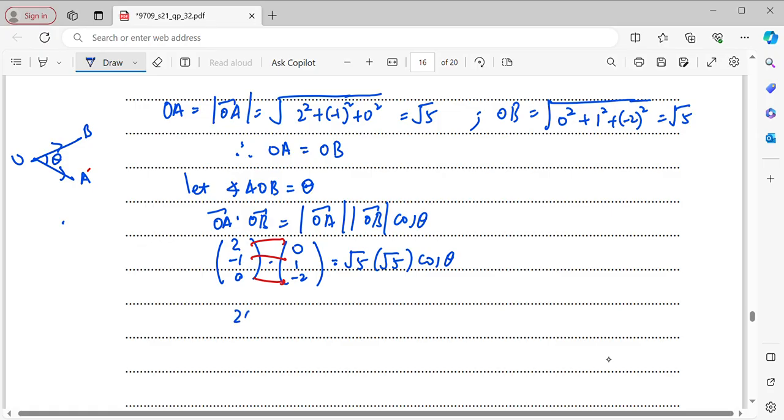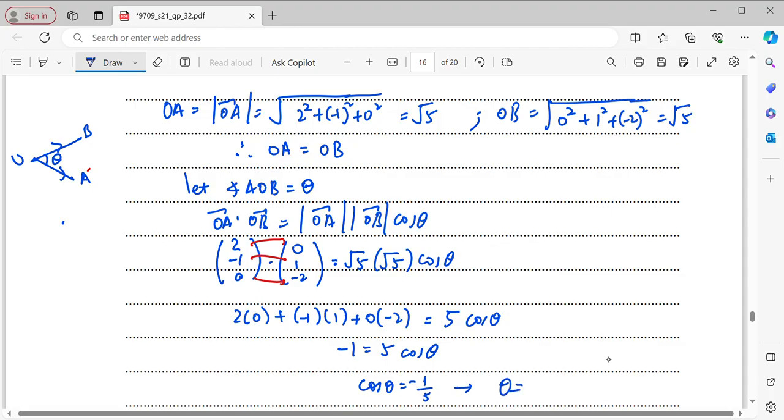So I will get 2 times 0 plus negative 1 times 1 plus 0 times negative 2. Then square root 5 times square root 5 is 5, followed by cos theta. So obviously the left hand side will be minus 1. Okay, then from here your cos theta is negative 1 over 5. That means your theta is inverse cos of negative 1 over 5. Then you will be getting 101.5 degrees. So that is the angle AOB.